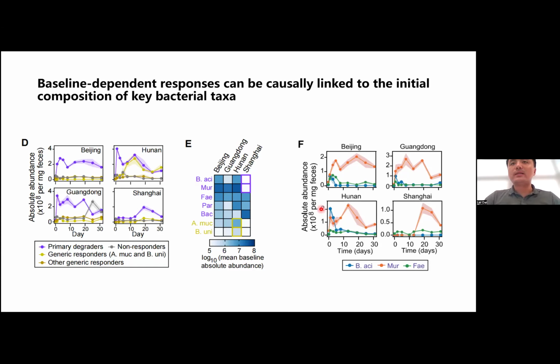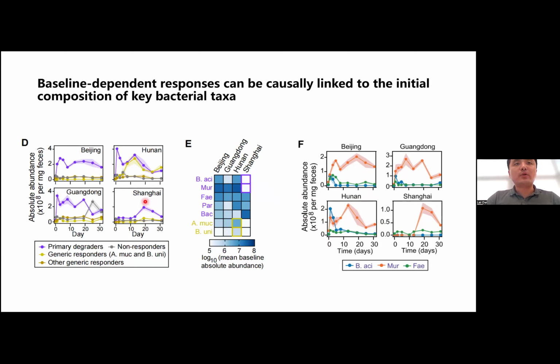It's also more evident for different baselines because there's competition between these degraders. A lot of times you see Bacteroides cellulosilyticus grow up and get outcompeted by Muribaculaceae, because this red taxon is a very strong competitor.